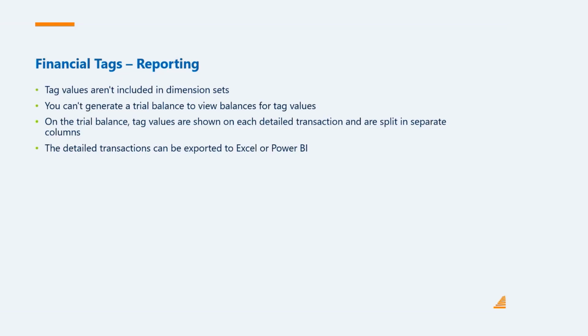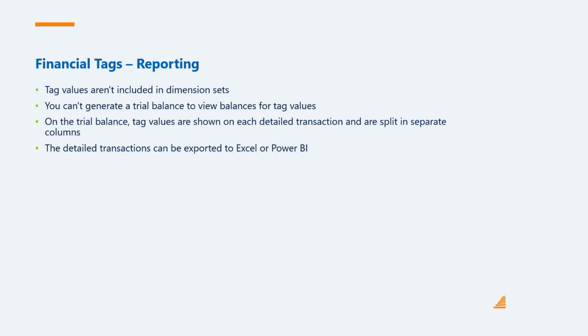And finally, I want to talk briefly about reporting. Tag values are not included in dimension sets, so they are not exactly replacing financial dimensions. You cannot generate a trial balance to view balances for tag values.